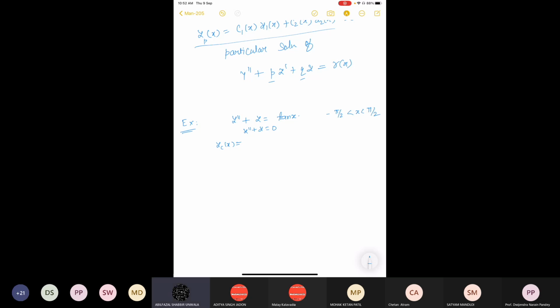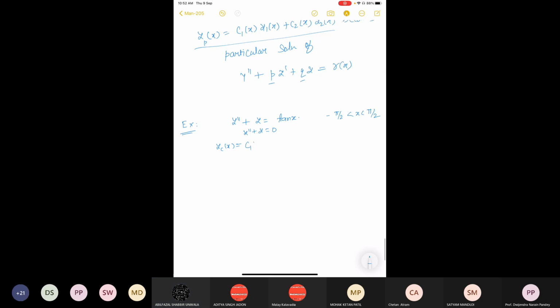If we assume e raised to mx, then m will be plus minus i, so it is complex. Fine, but I want two real solutions: cos x and sin x. So you get C1 cos of x and C2 sin of x.